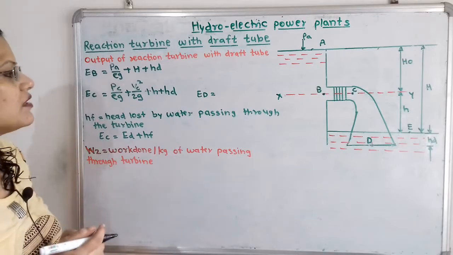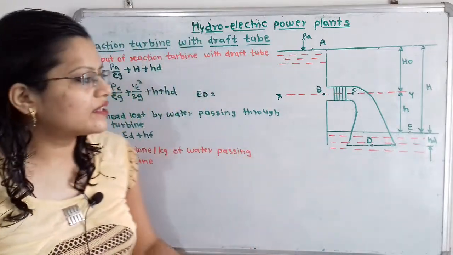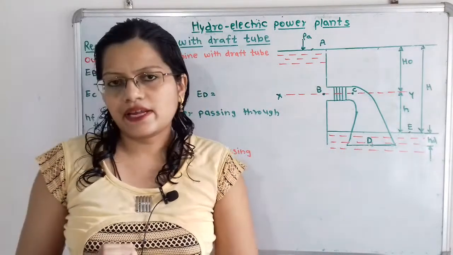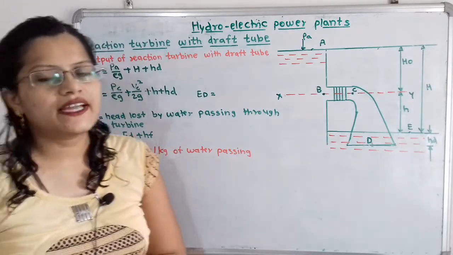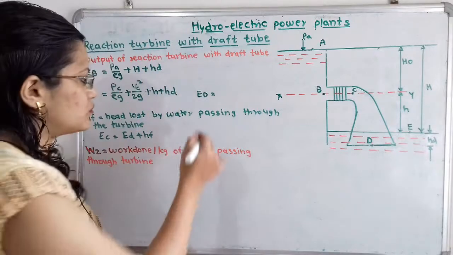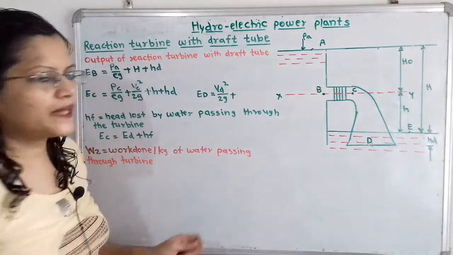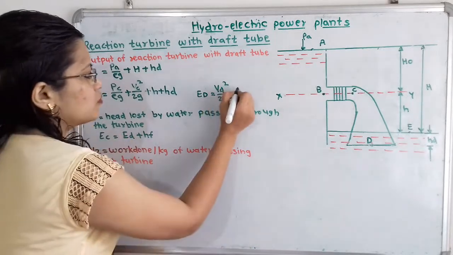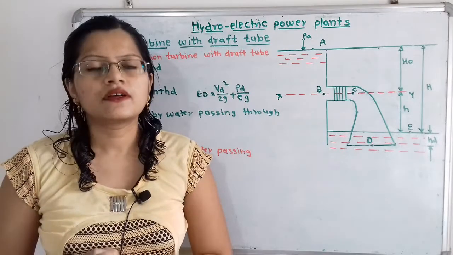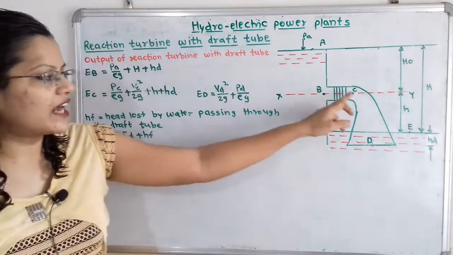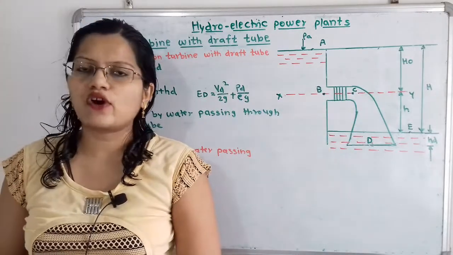Now we will move to the next point, that is the energy at point D. How can we define this? Here also the water is in dynamic condition, so the kinetic head is also there. What is the kinetic head at point D? That is Vd square by 2g, plus the pressure head, that is Pd by rho g. When water passes through the draft tube, there is friction and other losses, and head is lost by the water.